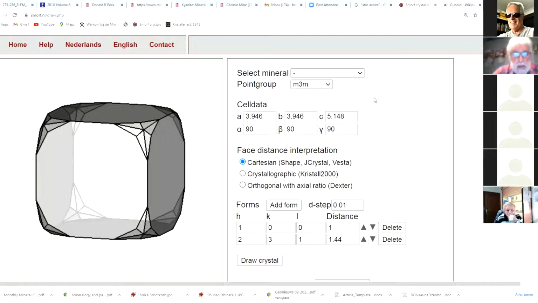Okay, so isometric, it's Greek, it stands for the same distances, the same measure. Iso is the same and metric is distance.